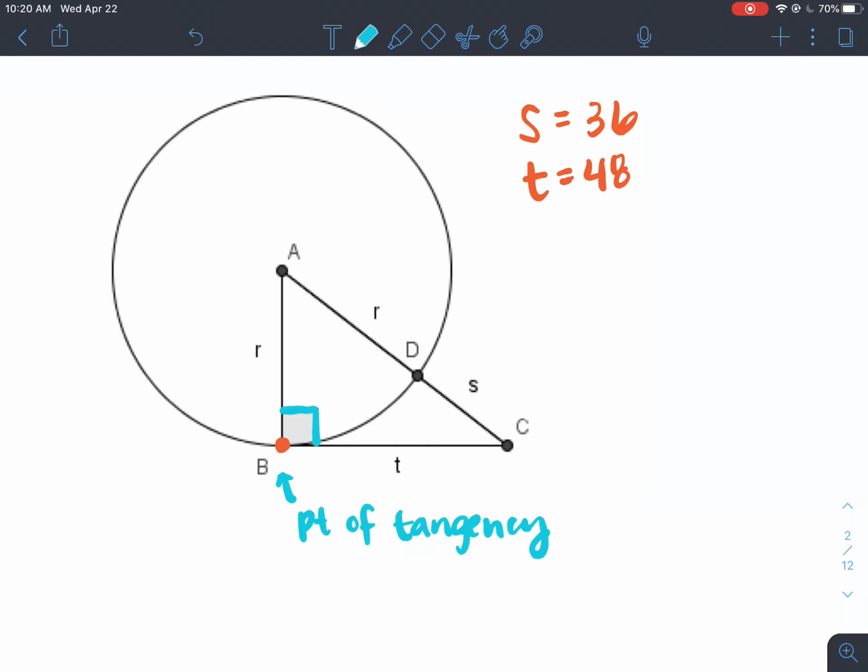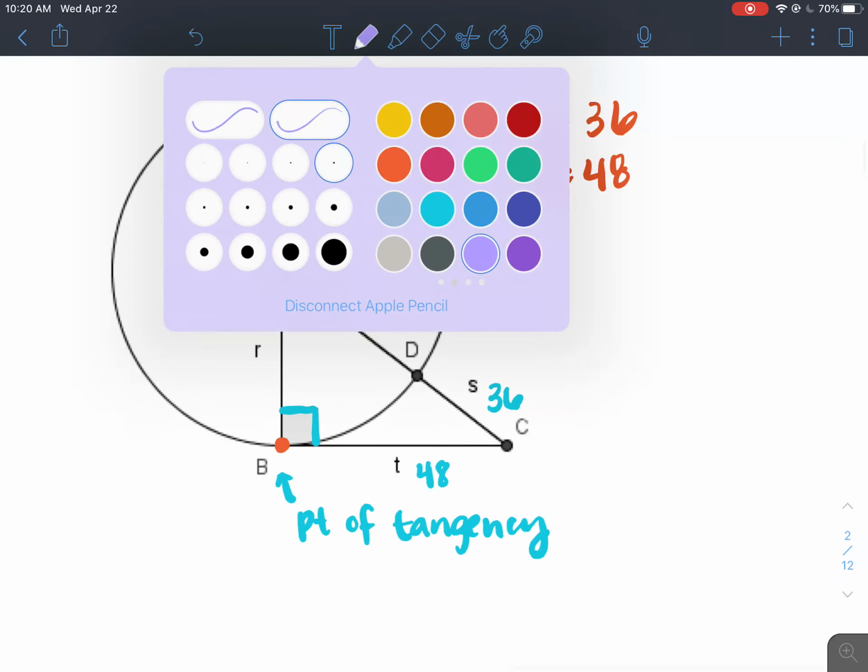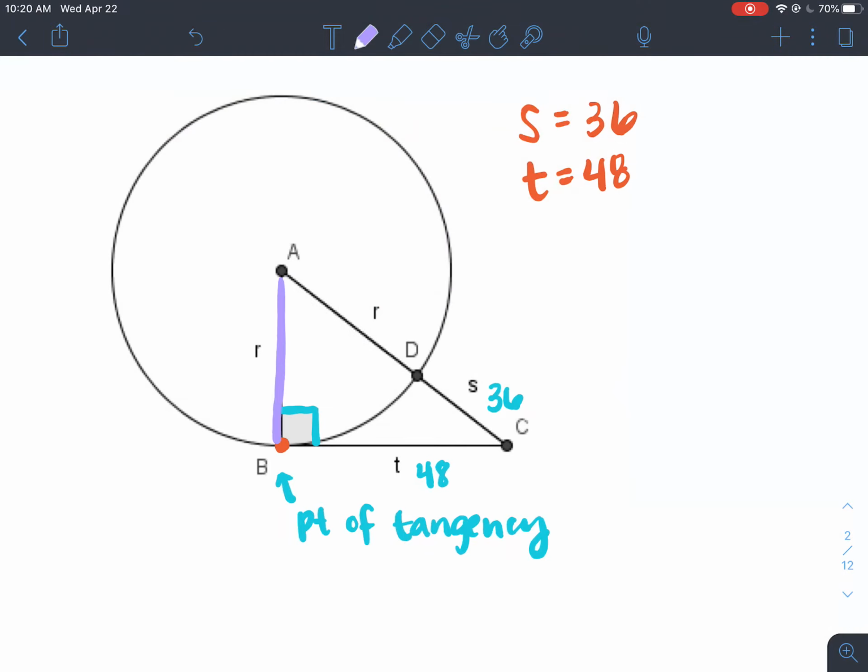So what I can do is say, this piece right here is 36. This is 48. I'm trying to find my radius. I know that both of these distances here and here are the radii, so I can call both of those R. We have a right triangle. I have an A, a B, and a C, a hypotenuse.